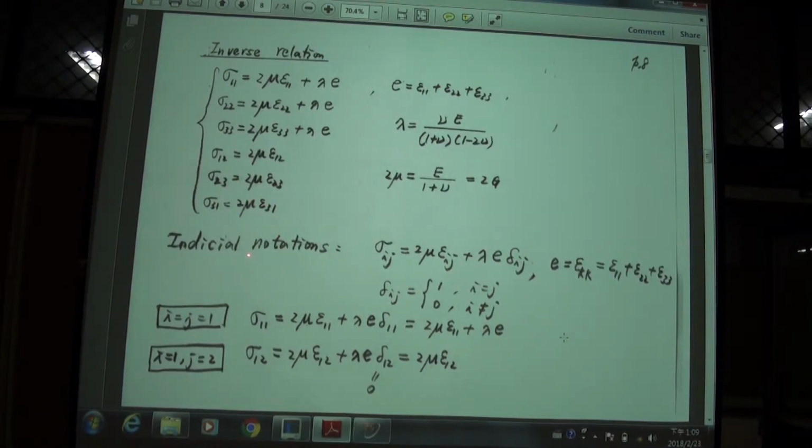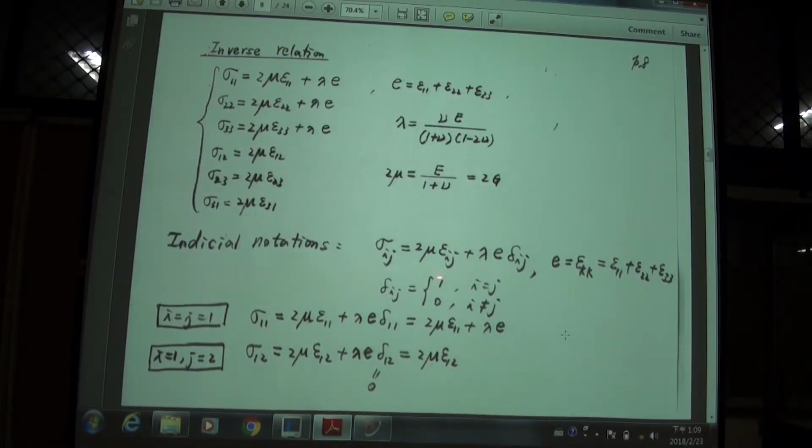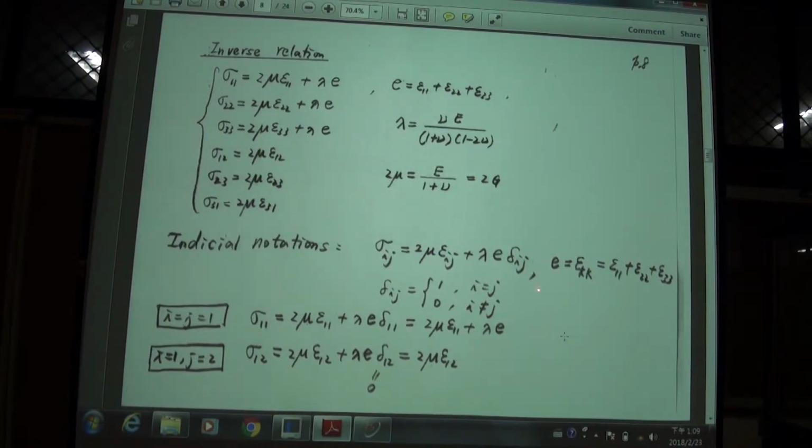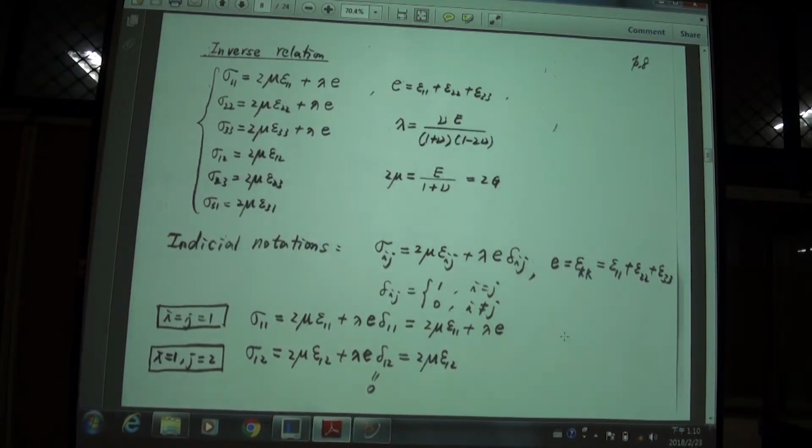And now we should generalize these 6 equations into one single equation, using the indicial notation. In terms of indicial notation, this one equation can include all these 6 equations. Let us pay a little bit of attention to this. Here in this equation, this is the delta notation, the delta symbol, which just represents the unit matrix.